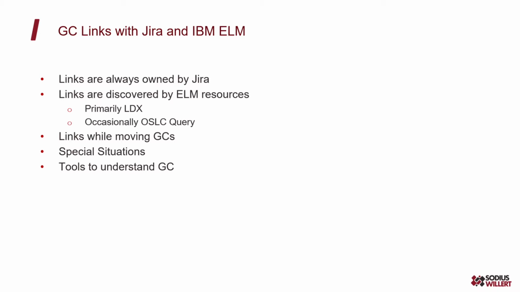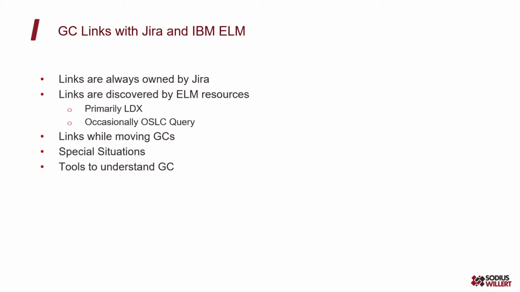The nice thing about dealing with change resources like Jira is that you can nominally understand that Jira is going to own all link information because they're workflow artifacts. That's where we store the link. All the asset artifacts, the items that have versions, are going to do a discovery to find out if, in that configuration, there's a link coming into them, and we'll walk you through how that happens.